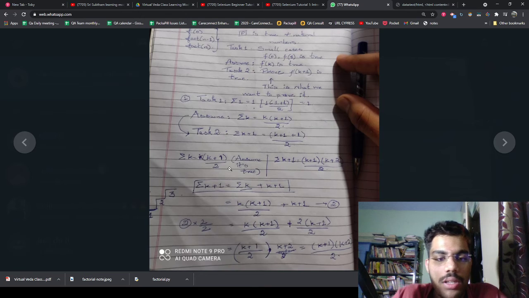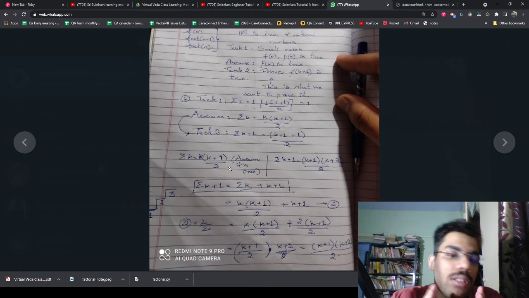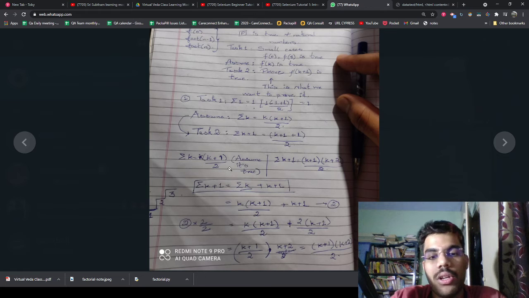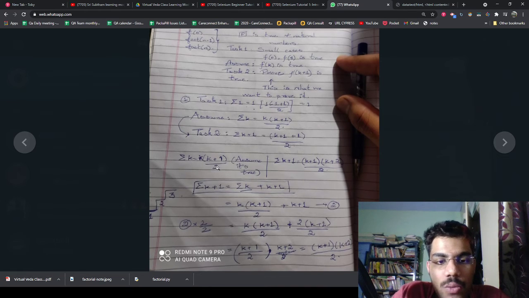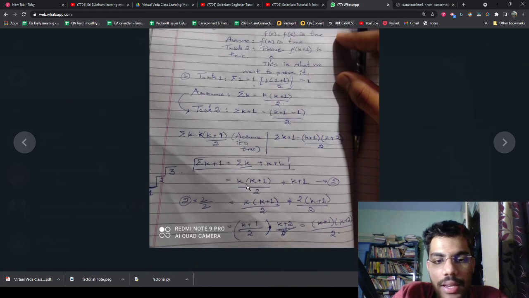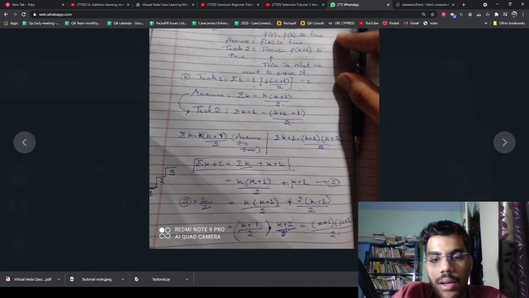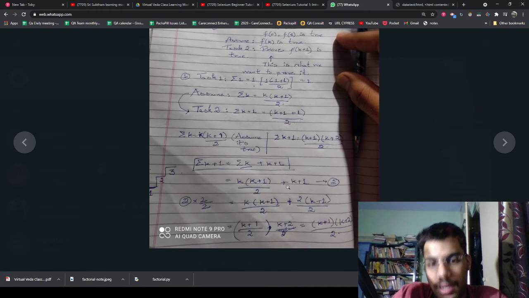So how can we write summation of k plus 1? We can write summation of k plus 1 as summation of k plus k plus 1. Using the value of the assumption, that is k into k plus 1 divided by 2, we are applying here, and plus k plus 1 we are copying directly.